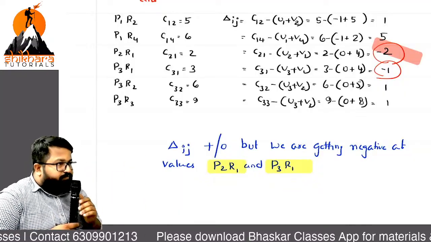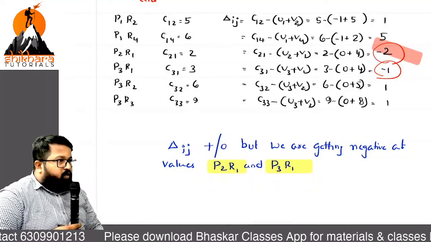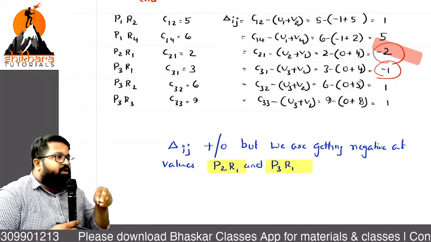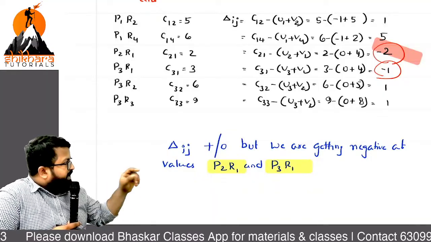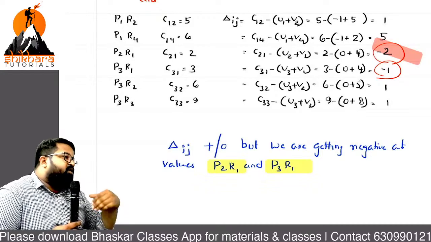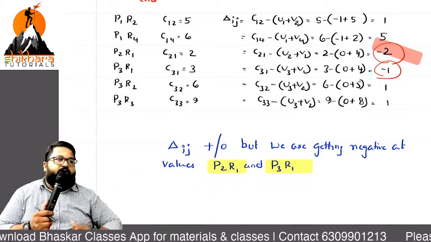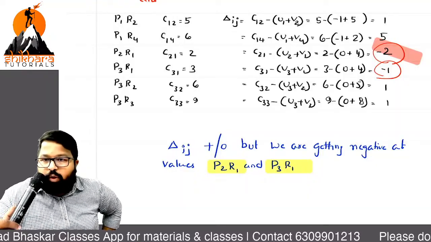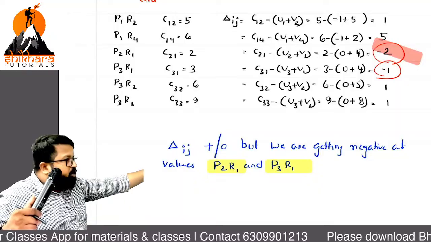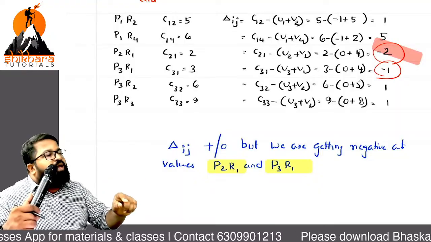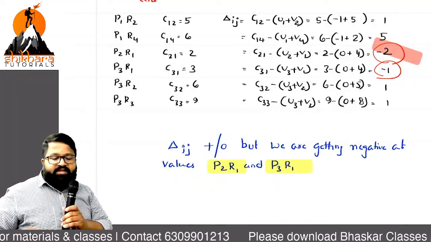If I go with the option of P3 R1, I have a saving in cost of 1 lakh. If I go with the option of P2 R1, there is a saving of 2 lakhs. Which is a better option from the company's point of view? 2 lakhs saving is best, so we go with that option. From that point, we have to make some reallocation. Clear? So write that sentence.